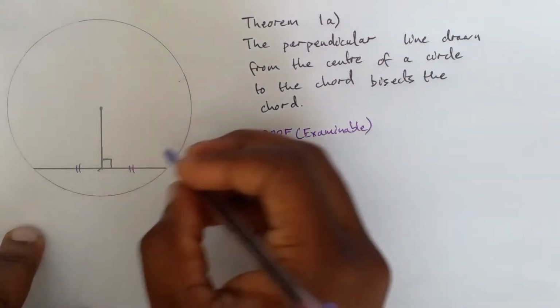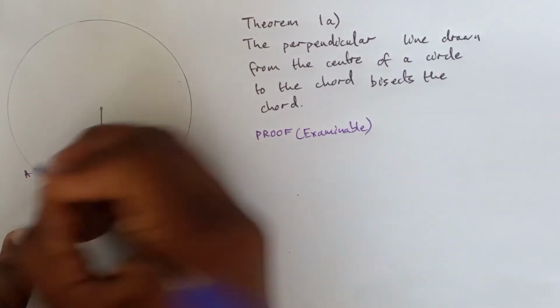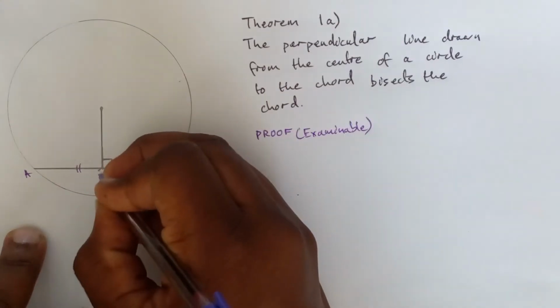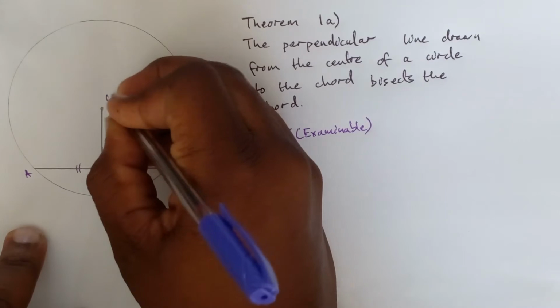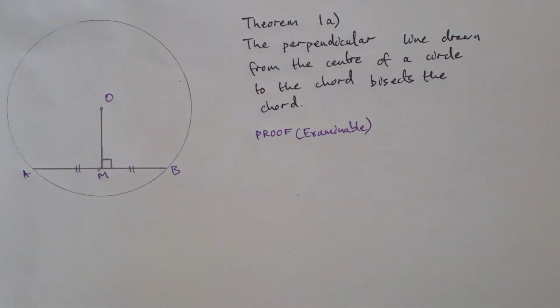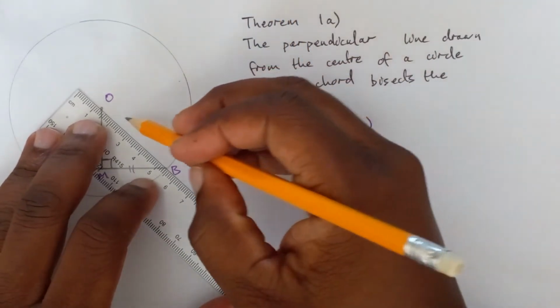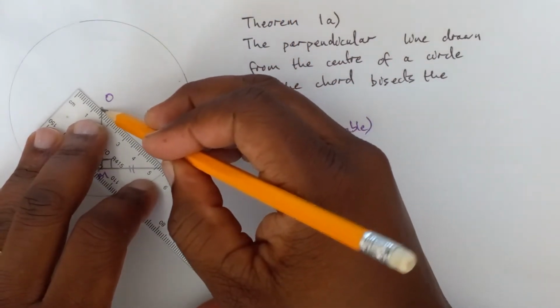All right, so let's just call this point A, let's call that point B, let's call that point M, and let's call that point O. Okay, let's give names to those points. Right, let's also do something like this. I'm gonna draw a line that is joining the point O and the point B, which is on the circumference.